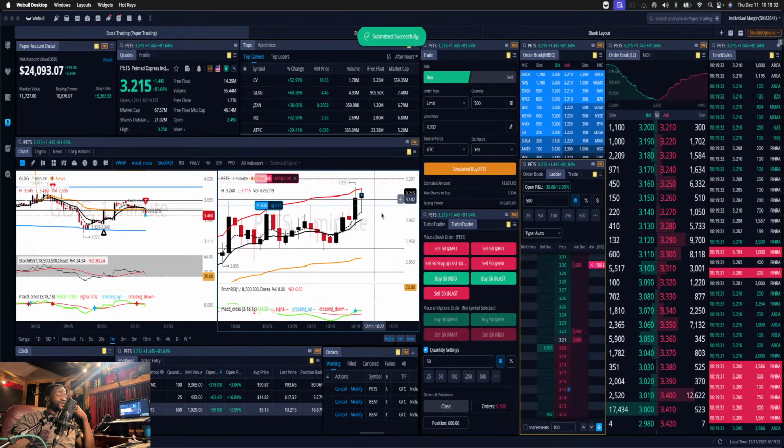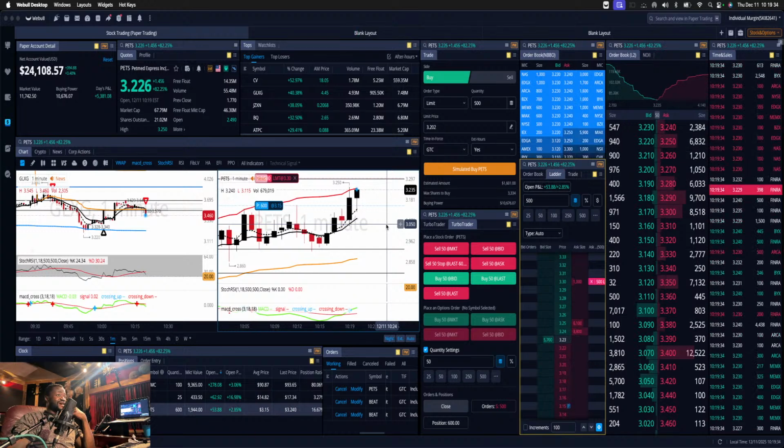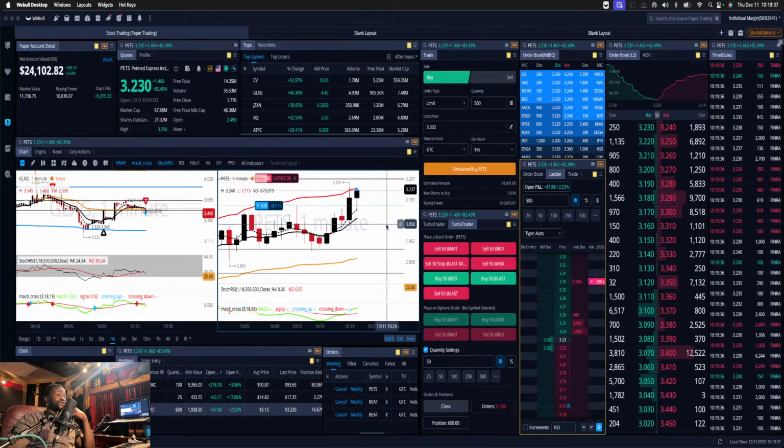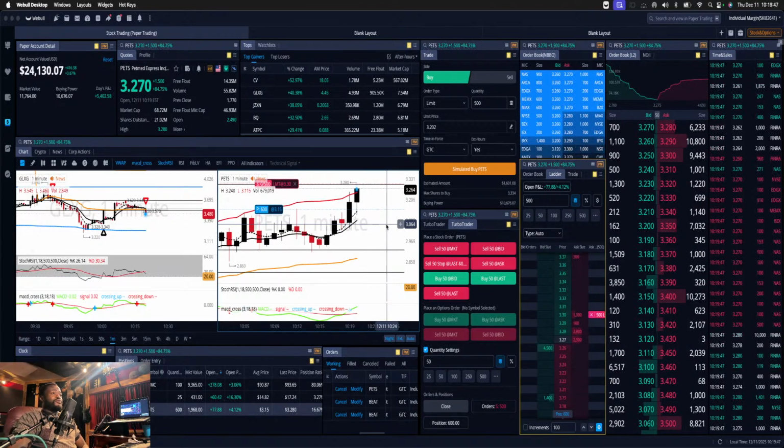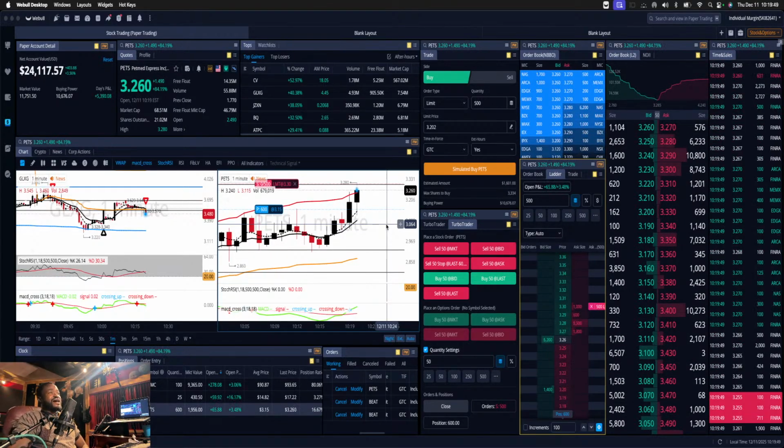So I'm going to go to 330. That's 5 cents higher than 325. It looks like it's still pushing up higher. Boom, 328 high. I got my profit taker set at 330.